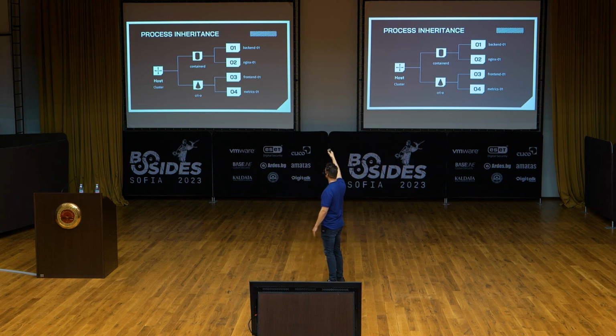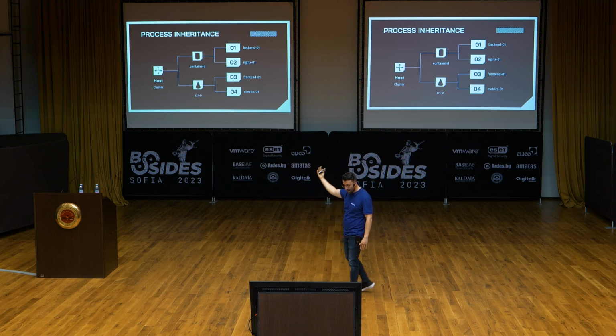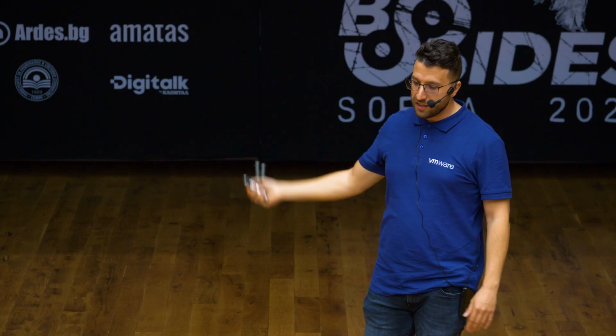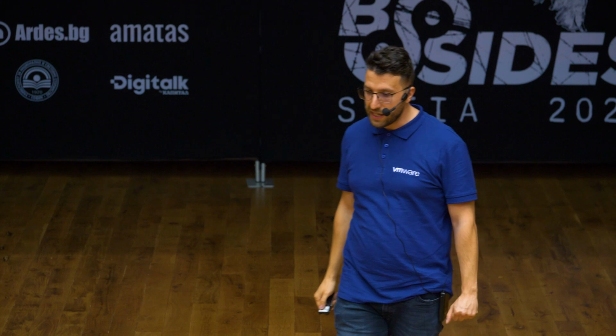I have my backend, I have my Nginx. It doesn't matter whether they run on containerd or CRI-O. I have 4 containers. I have my backend, my Nginx, my front end, and some metrics for logging, which is how I love to do things. There is a separate container that's responsible for logging and doesn't interfere when I update. So imagine here that I have exposed port 443 for my Nginx.